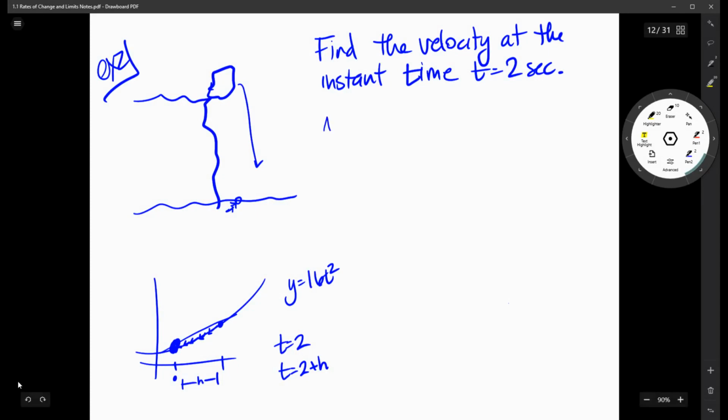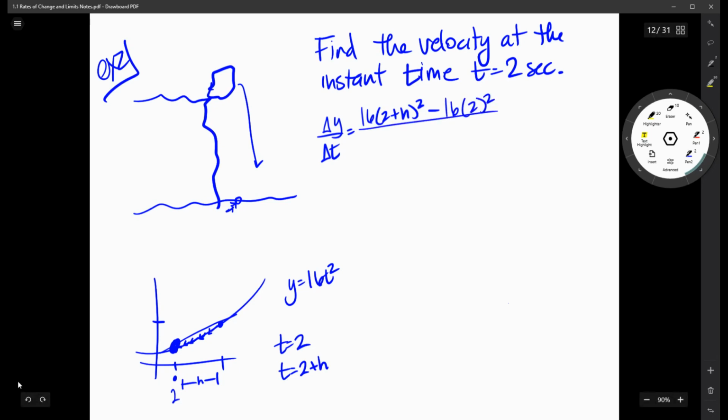So here we go. Let's calculate the delta y over delta t. Our second position in time is f of 2 plus h. In our case, that's going to be 16 times (2 plus h) squared, minus the first one. That's plugging in the value of 2 to the function, so that's 16 times 2 squared.